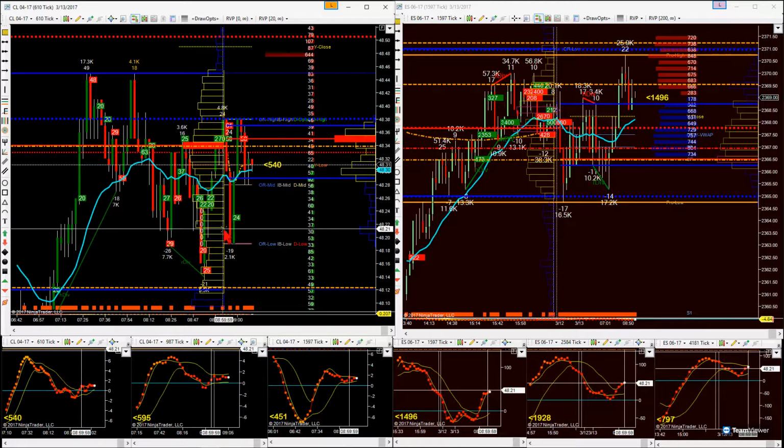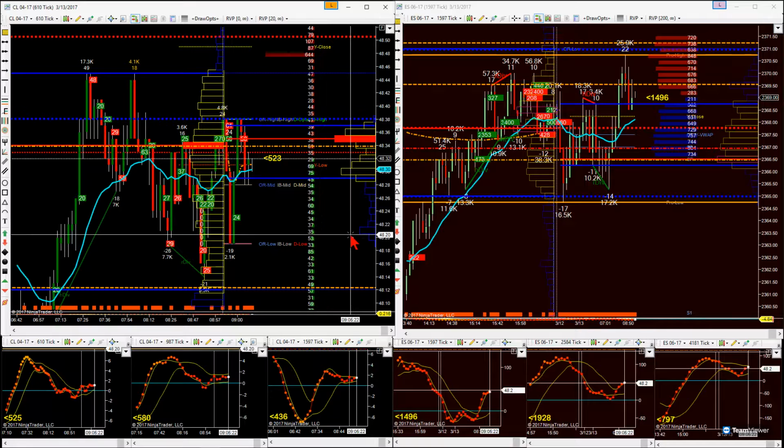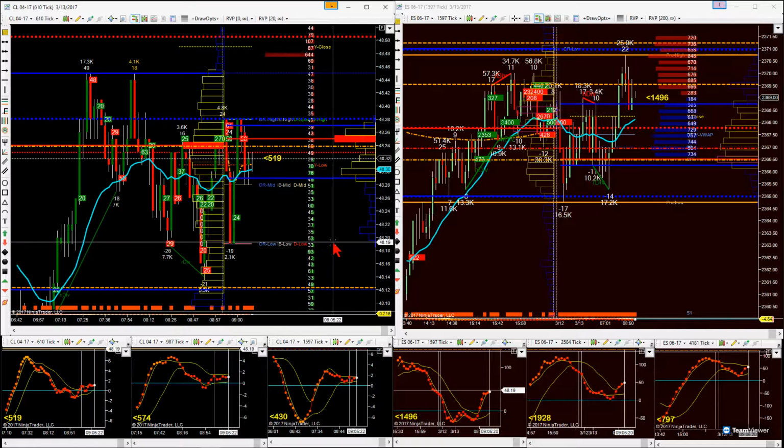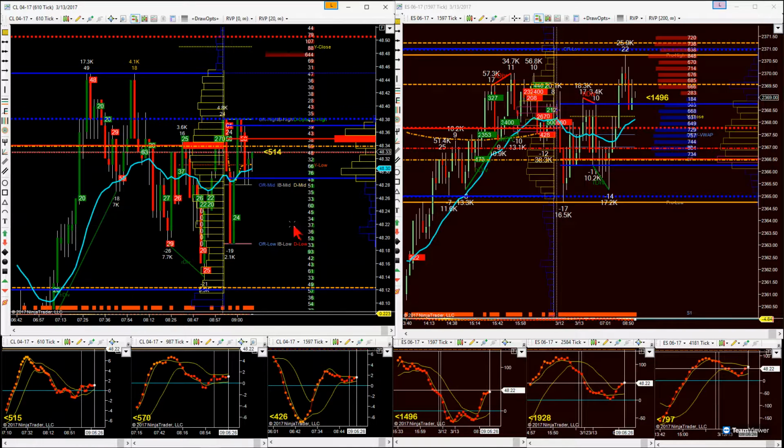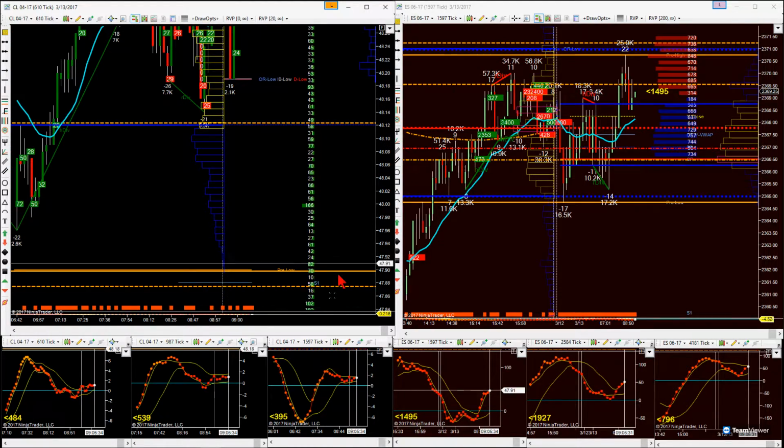If I had to guess, and I don't, not in any way saying that there's any data to go off of this, I would say that we're gonna maybe look to try to balance out. I wouldn't be surprised to see one more push towards overnight low here.